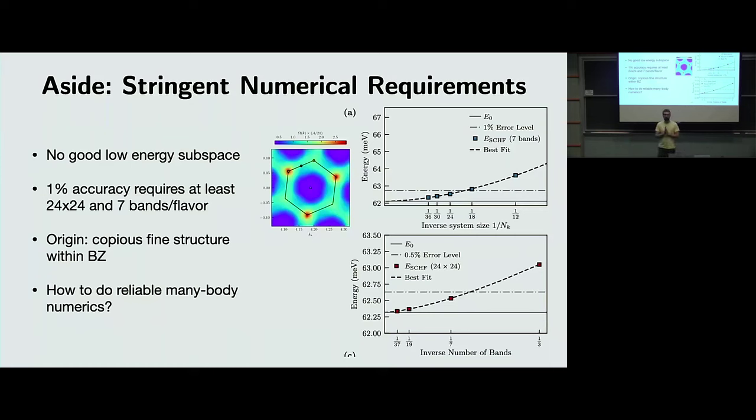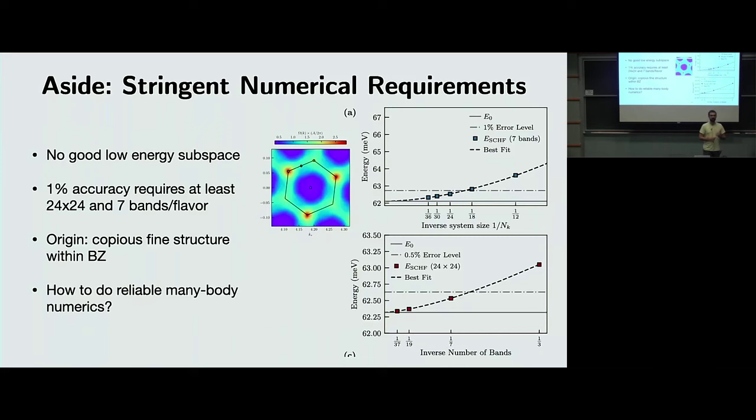You need a very large number of bands. And the reason for this is that you have no good low-energy subspace to do numerics. You have this spaghetti of bands, all these crossed bands going up and up and up, none of them separated out. And so you need a very large number of bands, at least 7 in practice, and you need extremely good resolution through the Brillouin zone to get the energies to work out to even 1%. 1% is a good marker because that's approximately the scale on which different phases compete.